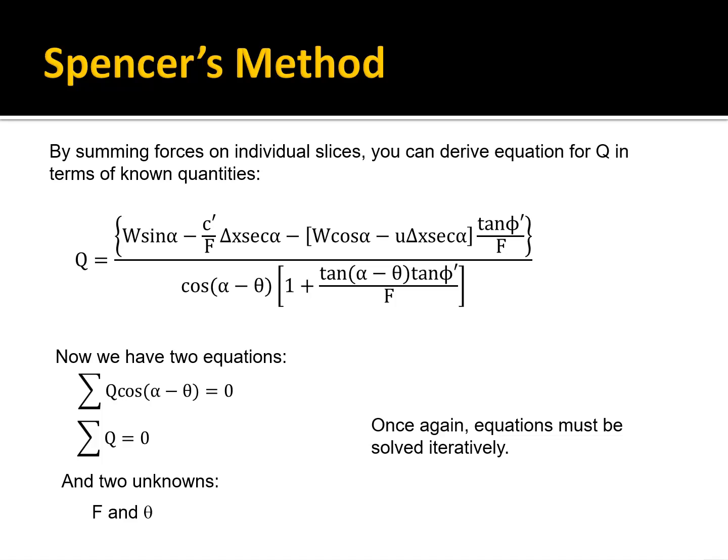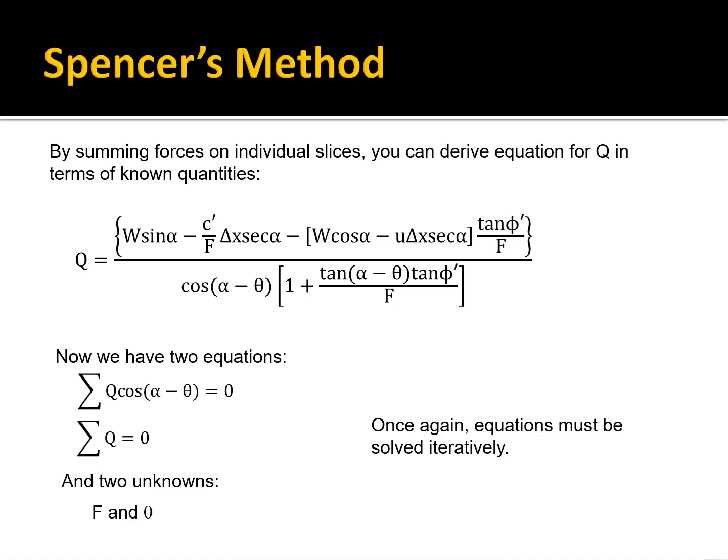All right, so then by summing the forces on individual slices, you can derive an equation for Q in terms of the known quantities, W, delta X, c prime, tan phi prime, etc. And you can come up with this equation for Q that has F in 3 different places, interestingly.